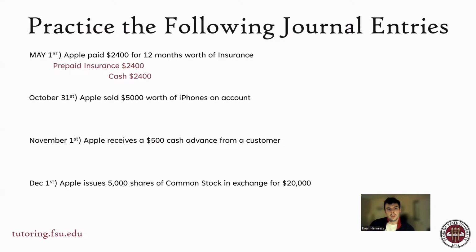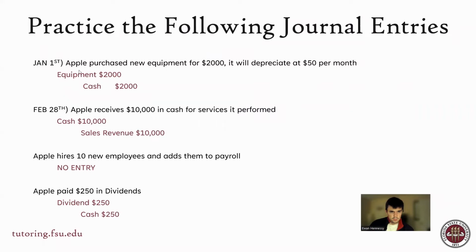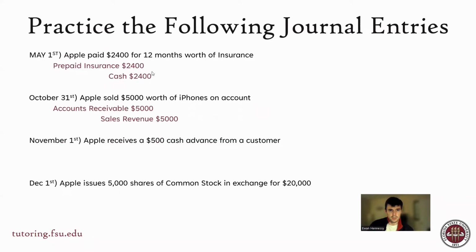So we're increasing our prepaid insurance asset, and we're decreasing cash because prepayments require that you are paying cash now. So kind of similar to this January 1st, assets going up by one amount and decreasing by the same.